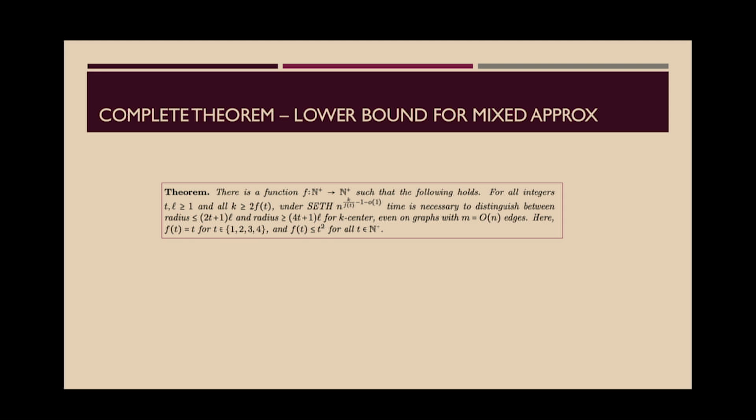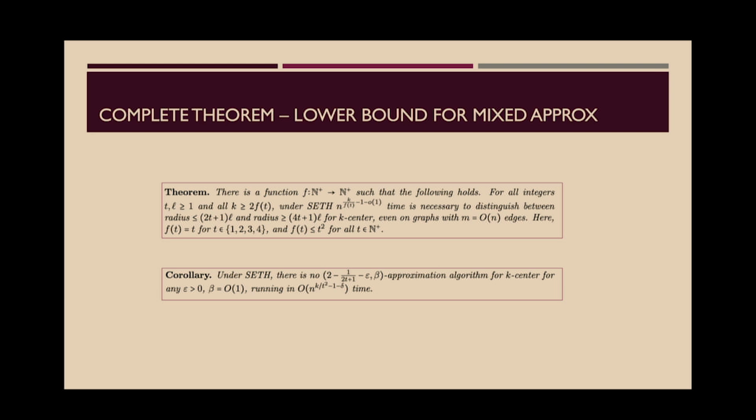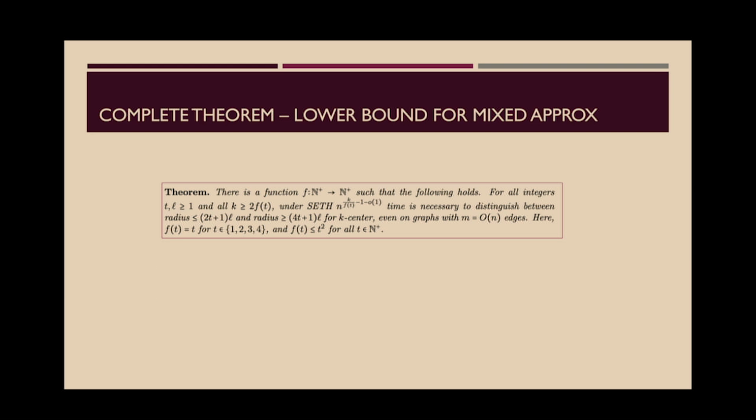We have this function f, which for these small values of t, so the examples we showed for t equal to 1, 2, 3, 4, it's just actually t. But for larger values of t, we can bound it by t squared, so it doesn't grow too much with t. So this function f tells us that distinguishing between a 2t plus 1 radius and 4t plus 1 radius takes n to the k over f of t time.